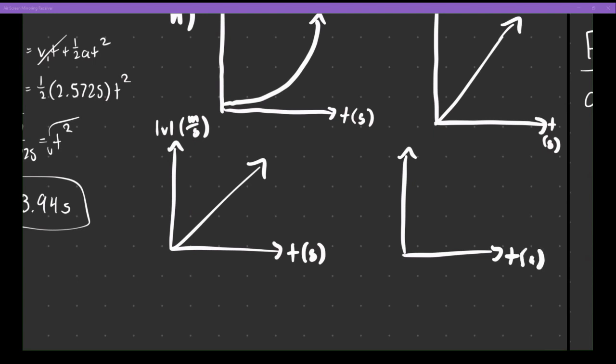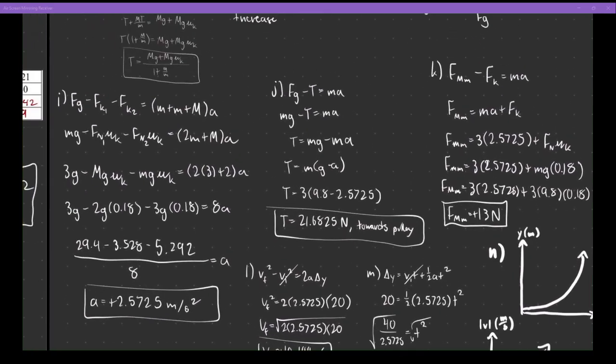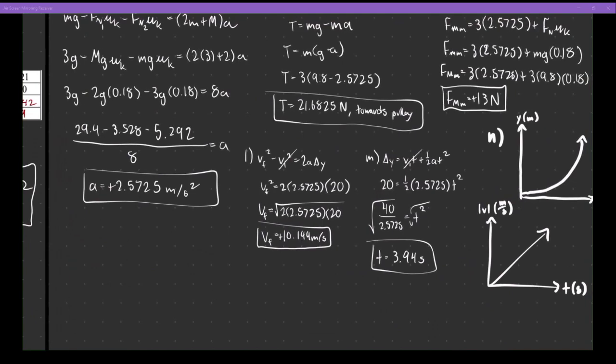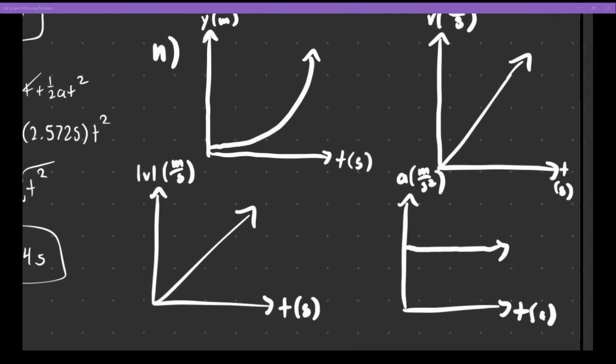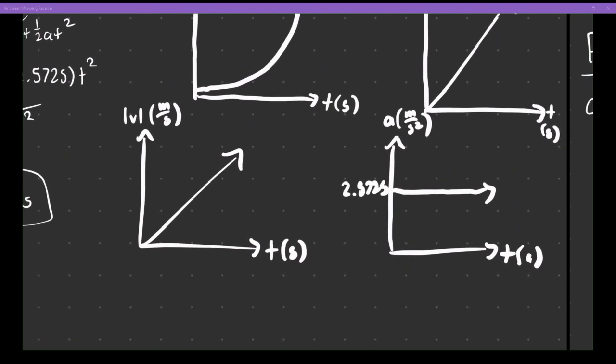This is a in meters per second squared. And so the graph is just straight across because we found earlier that our acceleration is constant because it doesn't change. And so it's just always positive 2.5725.